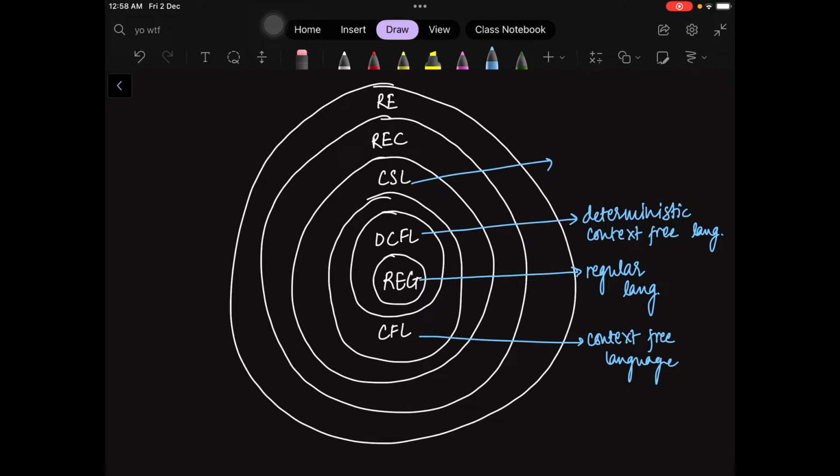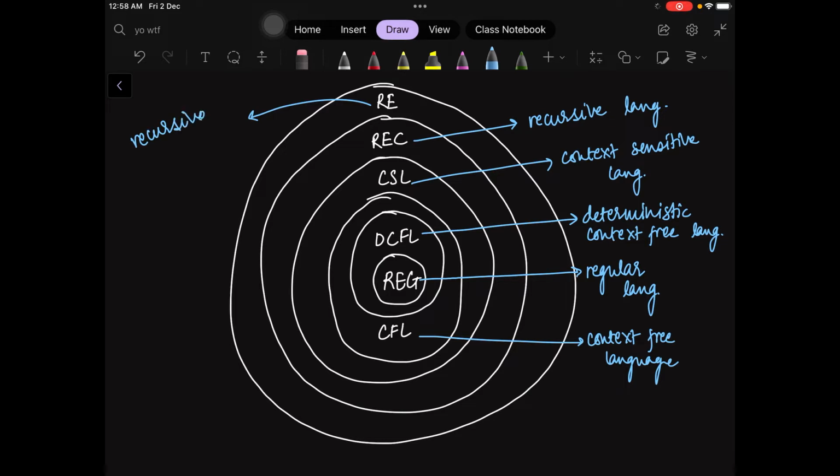Then this is context-sensitive language. This is recursive language, and the top one is known as recursive enumerable language. So let us briefly go through each of them.